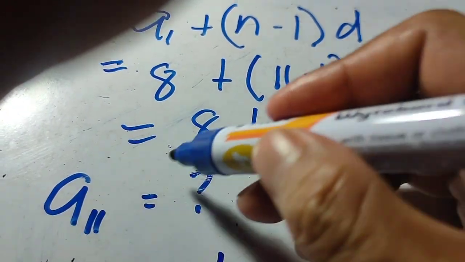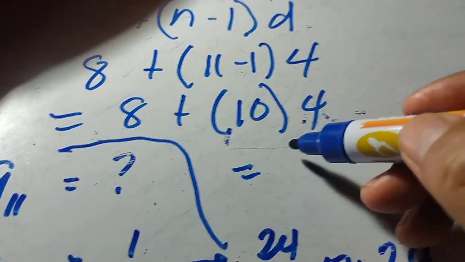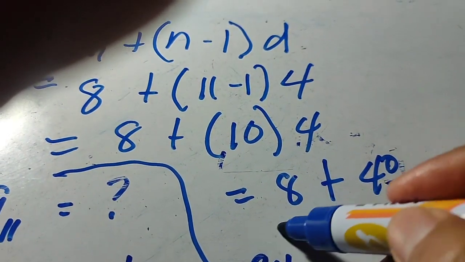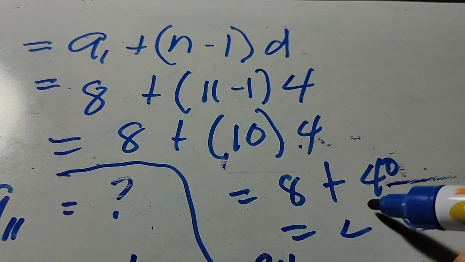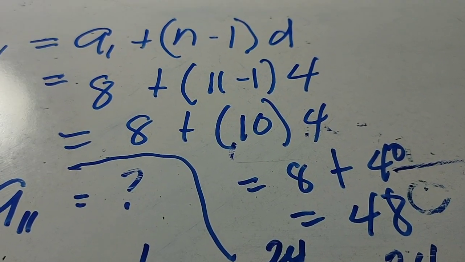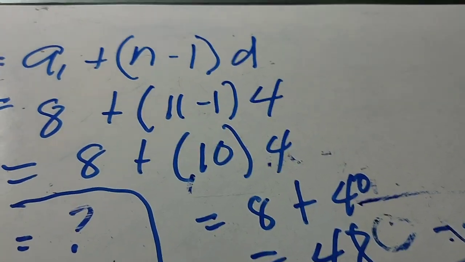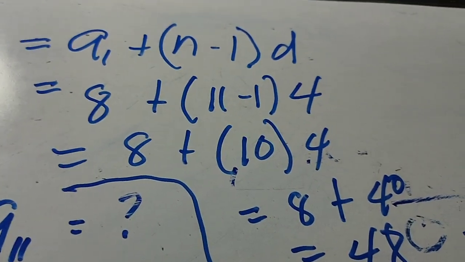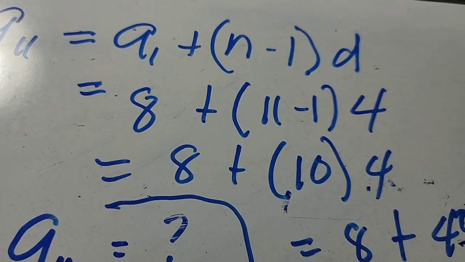So we have now equals 8 plus 40. Therefore, our a sub 11 is 48. Since that is an answer to the arithmetic sequence, we'll look for the reciprocal of that value.